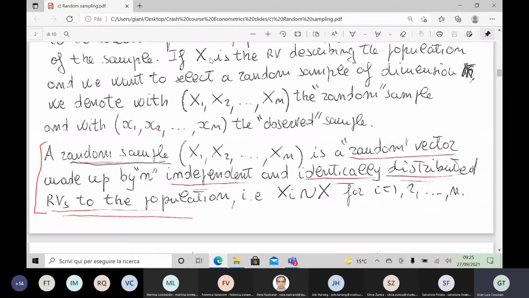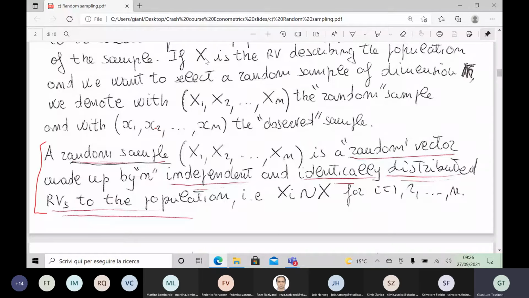Two, male or female. Which are the possible values that X1 can assume? Male or female. But which is the probability that X1 will assume the value male? Guys, it is 30%, as in the population. Which is the probability that X1 will be a female? 70%, as in the population. So you see that the distribution of X and X1 is the same.